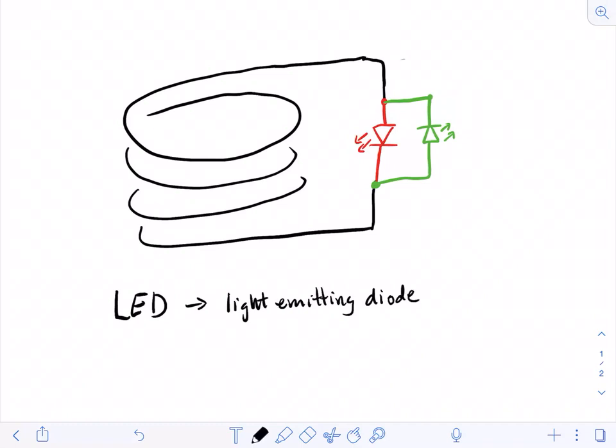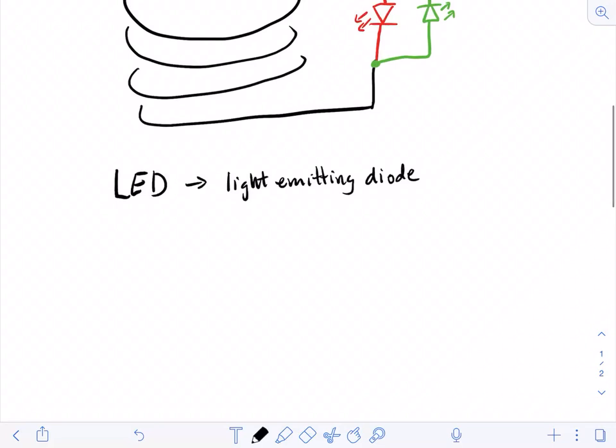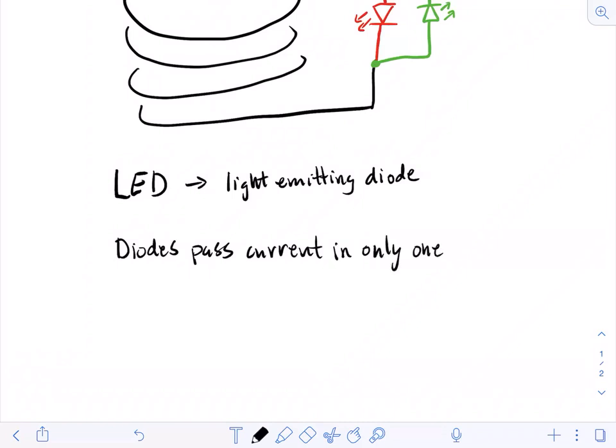What a light emitting diode does, or what all diodes do, in fact there are some that don't emit light, is pass current in only one direction. For a water pipe, it would be like a one-way valve.